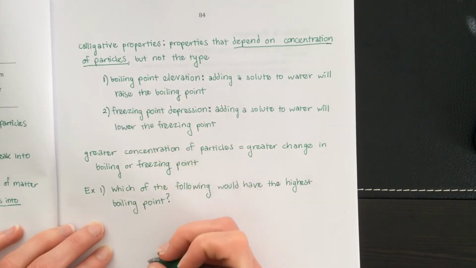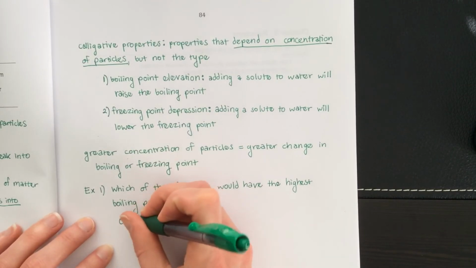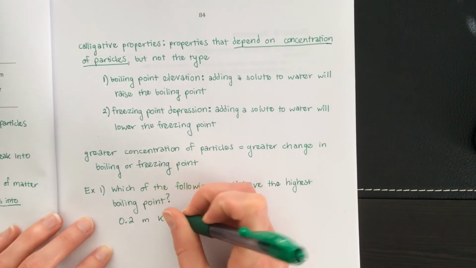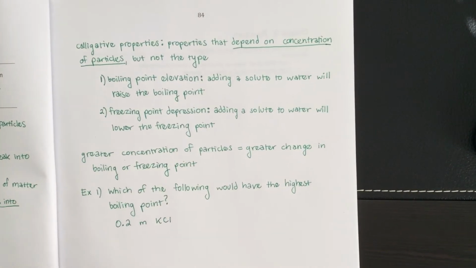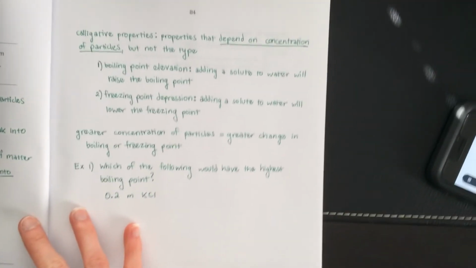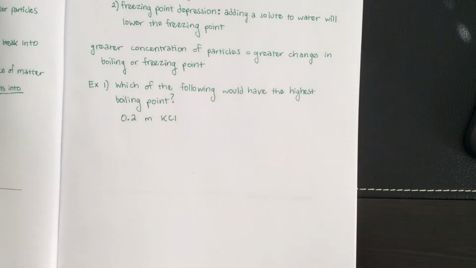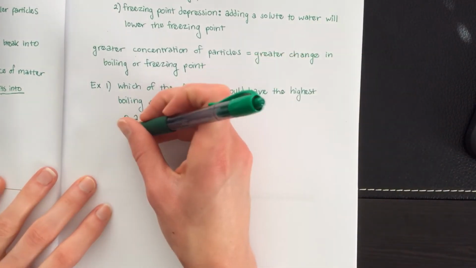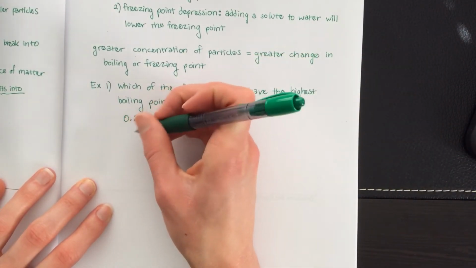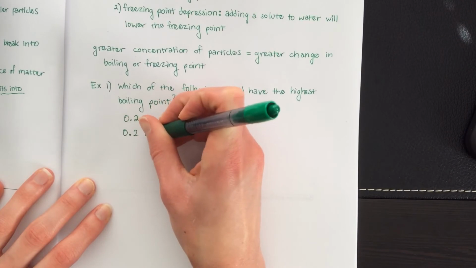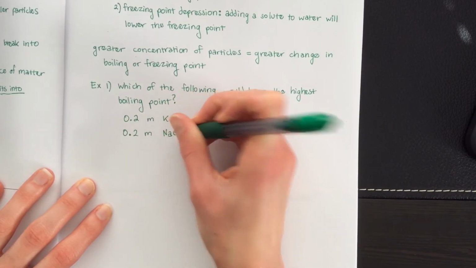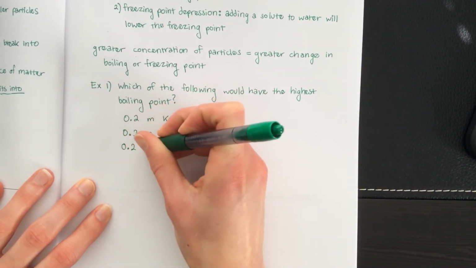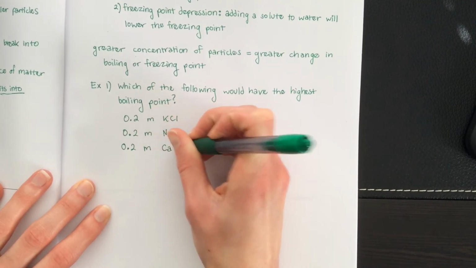And our options are 0.2 molality KCl, 0.2 molality NaCl, and 0.2 molality CaCl2.